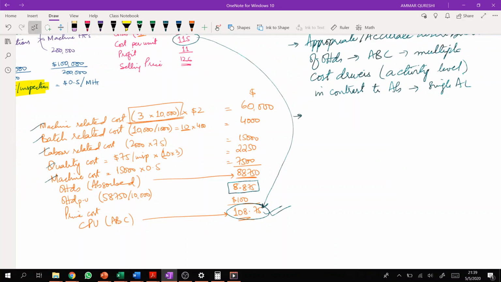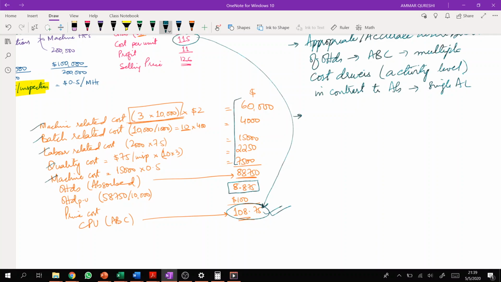And this is basically the breakup of total overheads. So if you want to reduce the cost of the product, if you are going for a cost cutting exercise, we will discuss this in target costing later in this course. Traditionally, we have thought that by reducing machine hours we can reduce overall overheads, right? Which is incorrect.